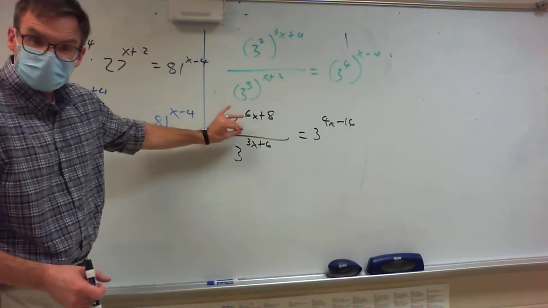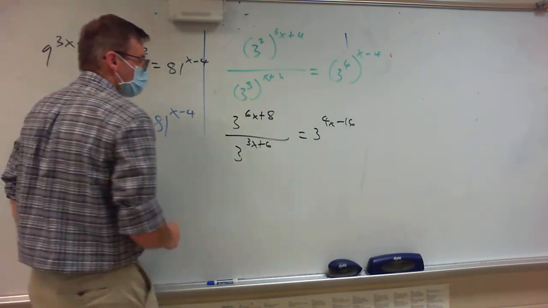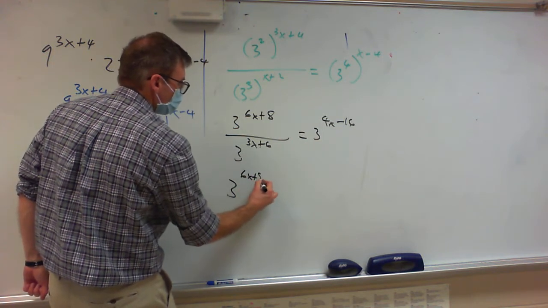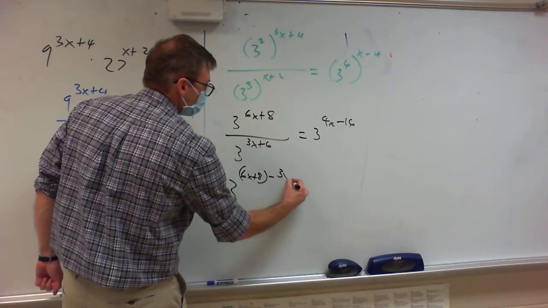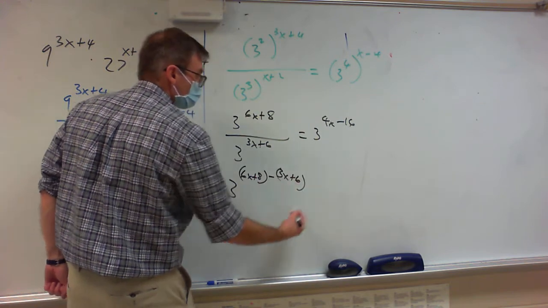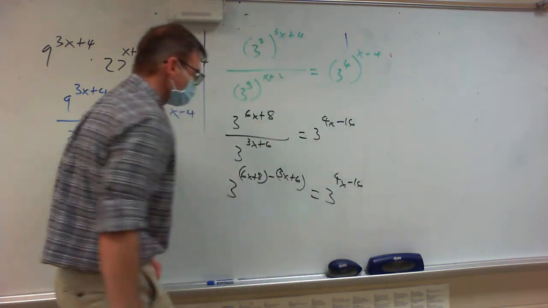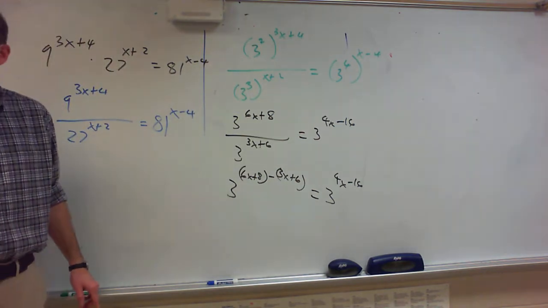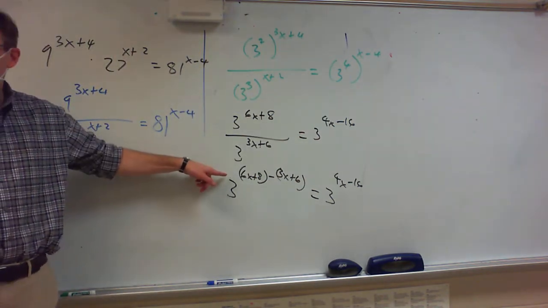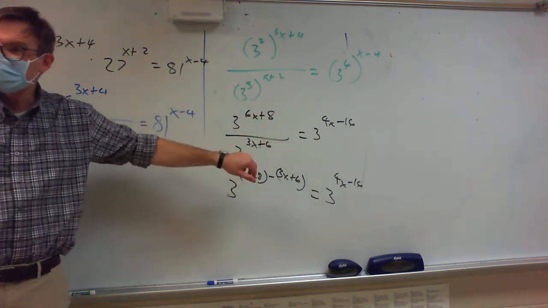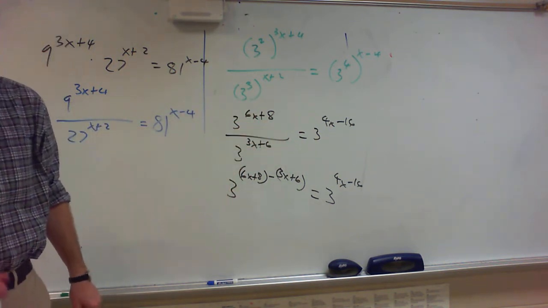So if I subtract those, you've got to be a little careful about this. This is 3 to the, let's do 6x plus 8 minus 3x plus 6. Make sure that's in parentheses, equals 3 to the 4x minus 16. You see how that worked? I'm subtracting the exponents.